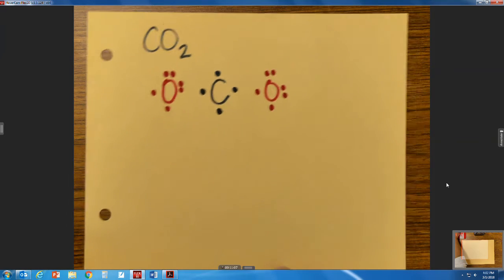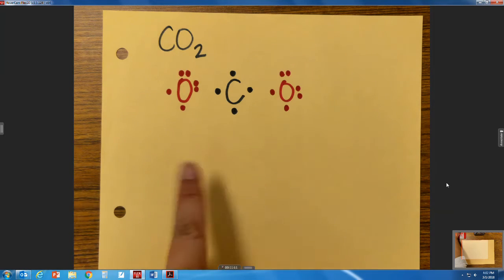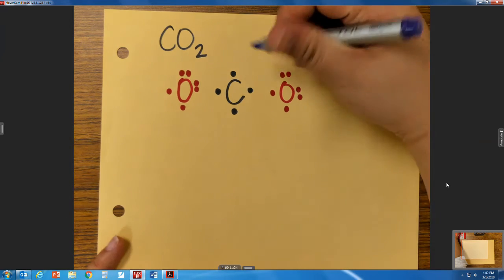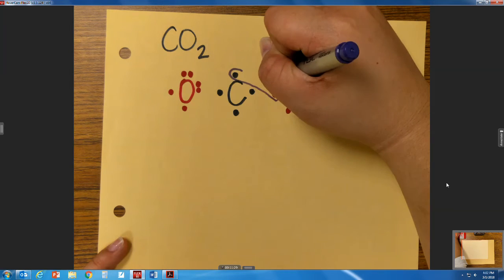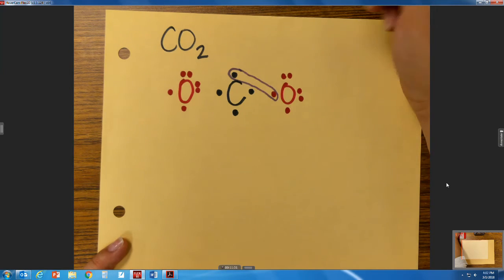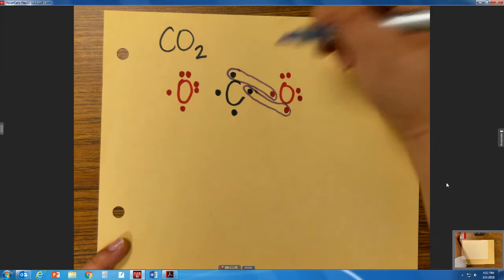Now that we have our individual elements with their valence electrons, we can go ahead and connect our single valence electrons. So these two right here can create a pair, and then these two can also create a pair.